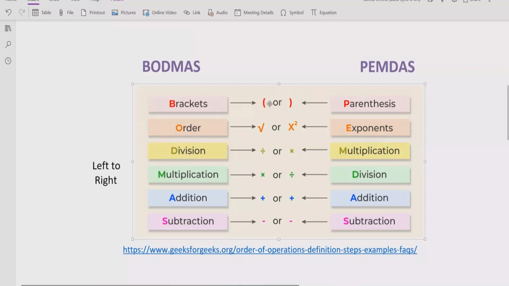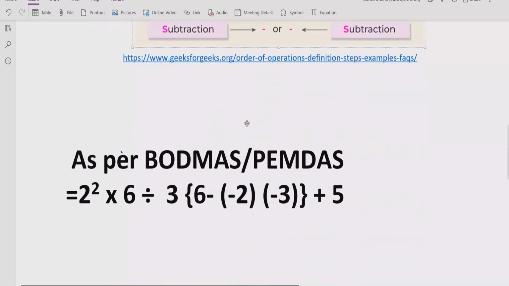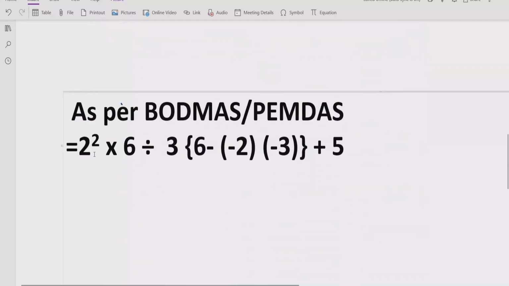Now, let's move forward to solve this expression. In the given expression, we have 2 raised to power 2, multiplied by 6, divided by 3, and then we have another bracket, which is a curly bracket and a rounded bracket, and plus 5. So we have to solve according to the BODMAS and PEMDAS rule.